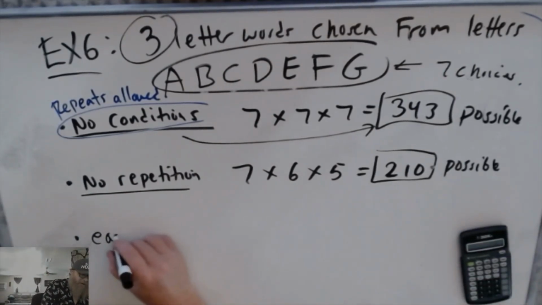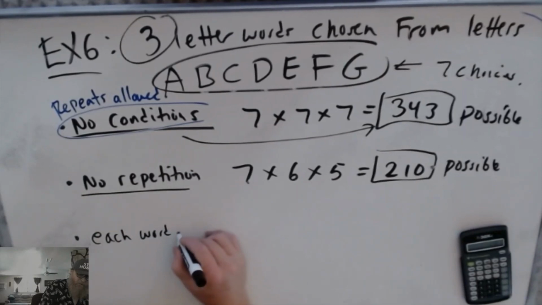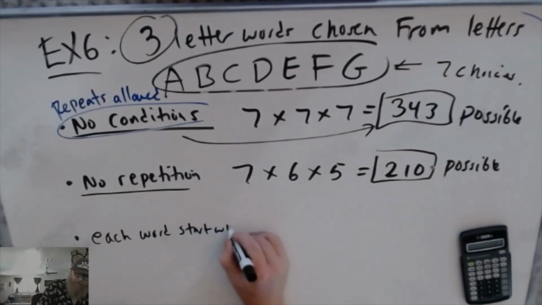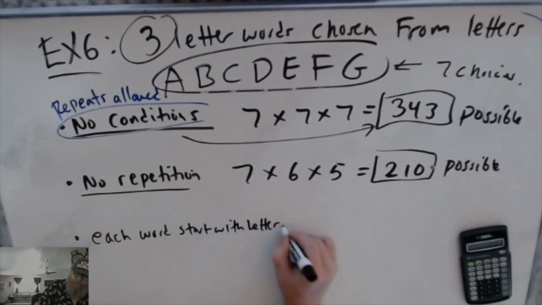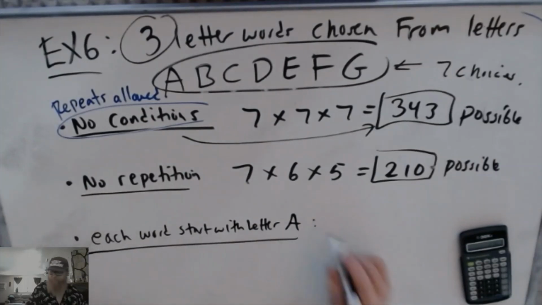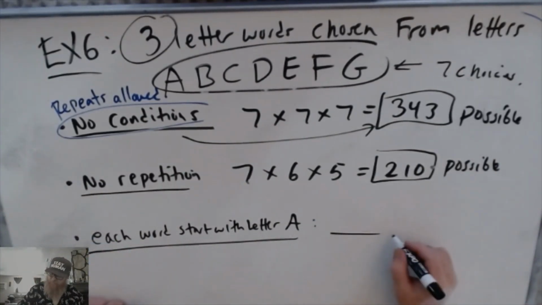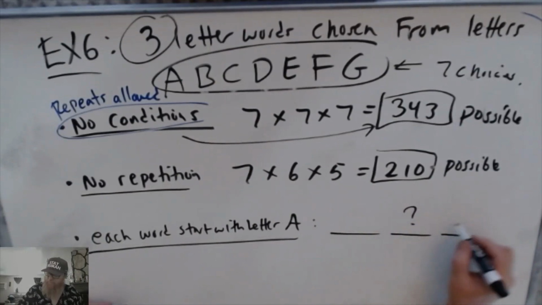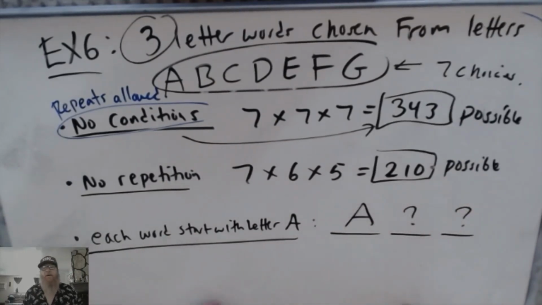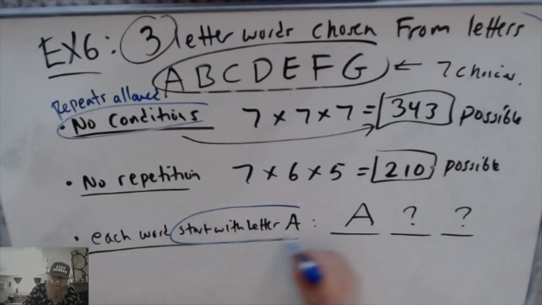Suppose you say that each word must start with the letter A. Well, if I tell you that each word must start with the letter A, that means you have no choice.